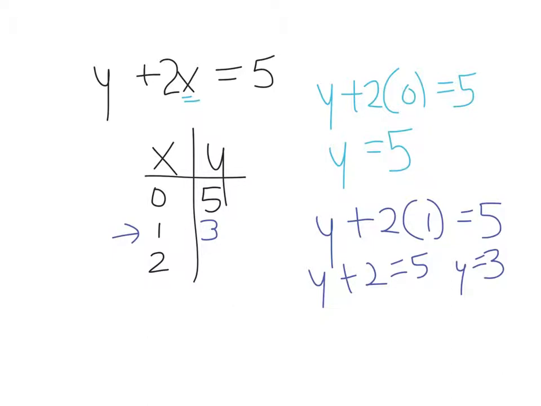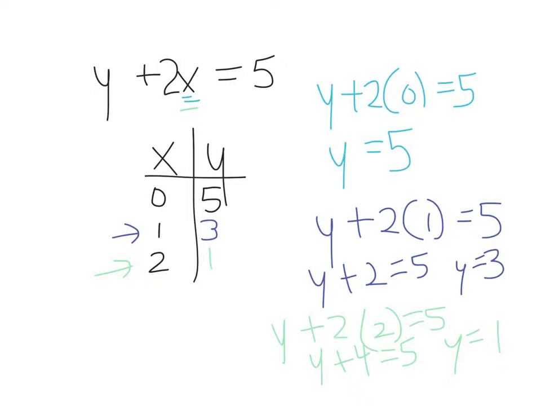And the last one here, when x is 2, I'm going to do it again: y plus 2 times 2 is equal to 5. I end up with y plus 4 is equal to 5. Subtract 4 from both sides, and you end with y is equal to 1.